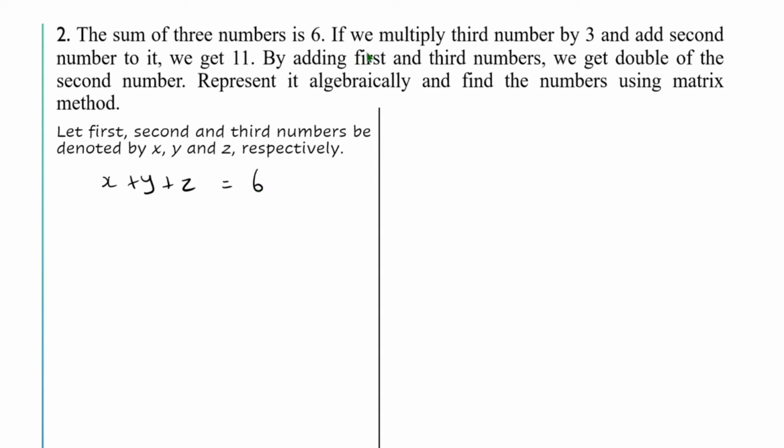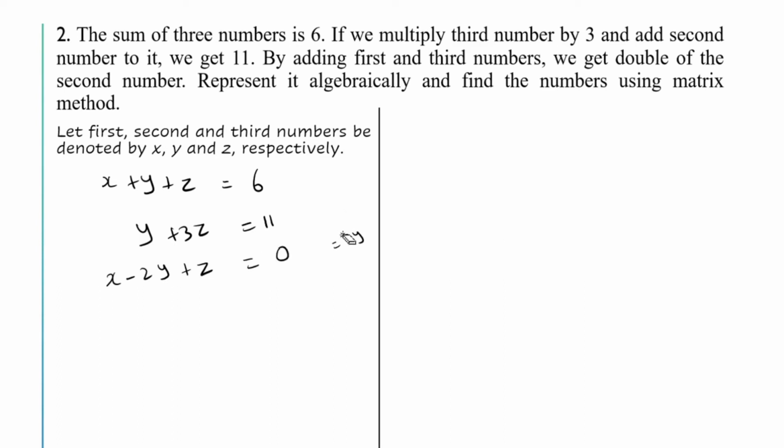Then if we multiply third number by 3 and add second number to it, we get 11, which means 3z plus y equal to 11, or y plus 3z is equal to 11. Then by adding first and third numbers, we get double of the second number. That is, when we add x and z, we get 2y. So it means x minus 2y plus z is equal to 0.